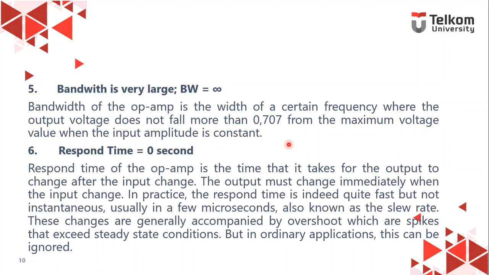In practice, the response time is indeed quite fast but not instantaneous, usually in a few microseconds, also known as the slew rate. These changes are generally accompanied by overshoot, which are spikes that exceed steady-state conditions. But in ordinary applications, this can be ignored.